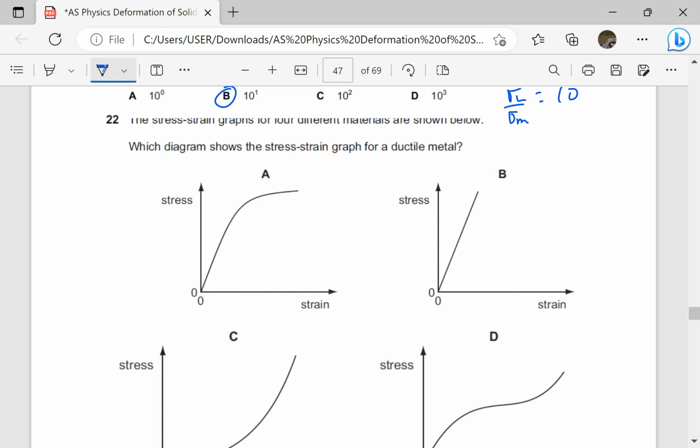Remember, a ductile material undergoes both elastic deformation and plastic deformation before it breaks. So the stress strain graphs for 4 different materials are shown below. Which diagram shows the stress strain graph for a ductile material?